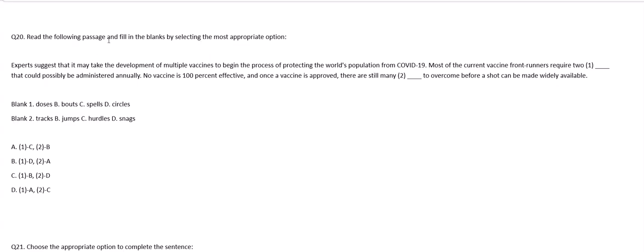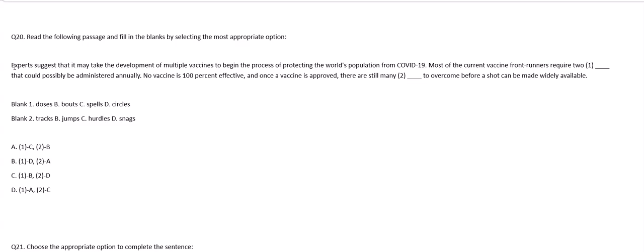Read the following passage and fill in the blanks by selecting the most appropriate option. A passage is given followed by two blanks. We have to choose which option best fits the blanks. I think it's very simple.